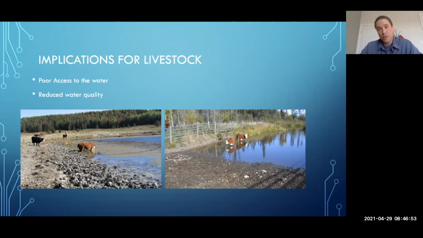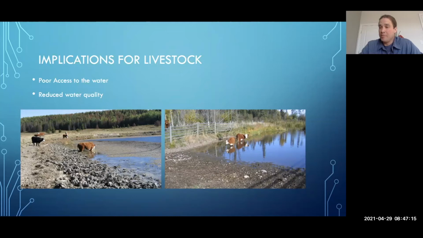They're spending more time searching for water. This can affect health, especially if it's quite hot out. It can also affect health in terms of the water quality, and it can reduce weight gains and things like that.